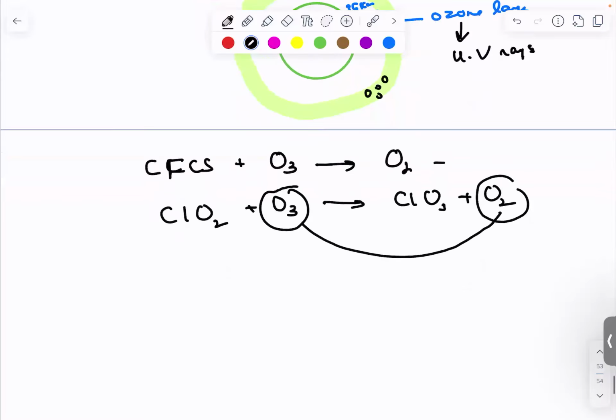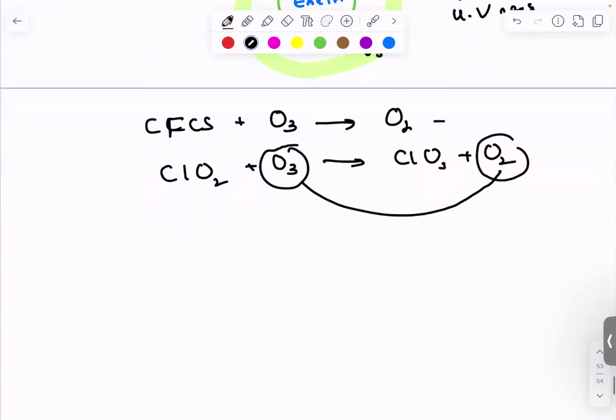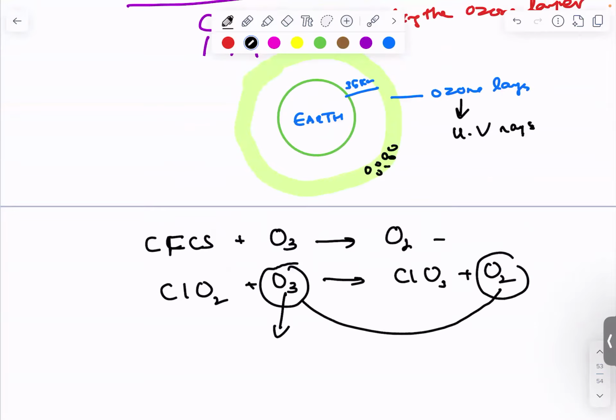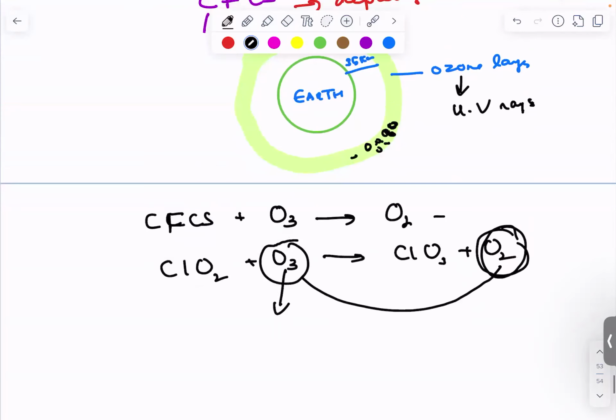All right. So the depletion of ozone will start occurring, and oxygen is not needed in the atmosphere that is 35 kilometers above the Earth. So there would be some holes in the ozone layer, and the ozone layer will be depleted. So we need to replace them with something which is eco-friendly.